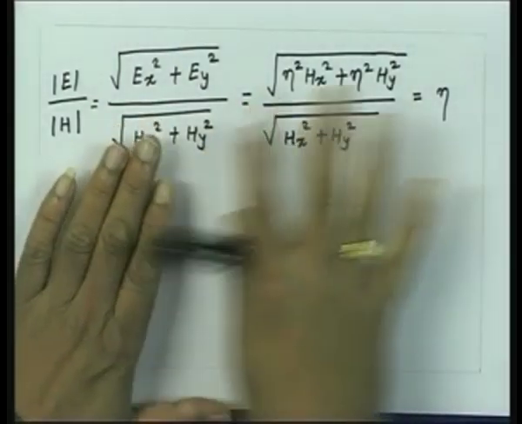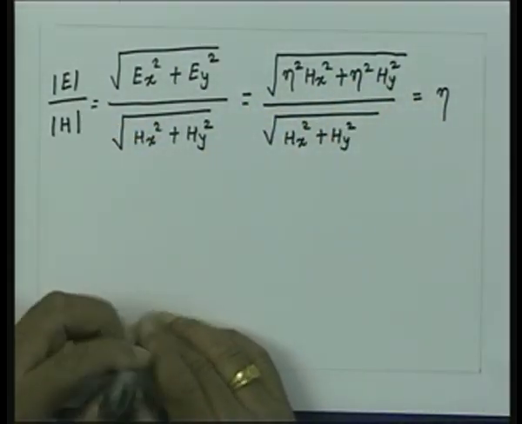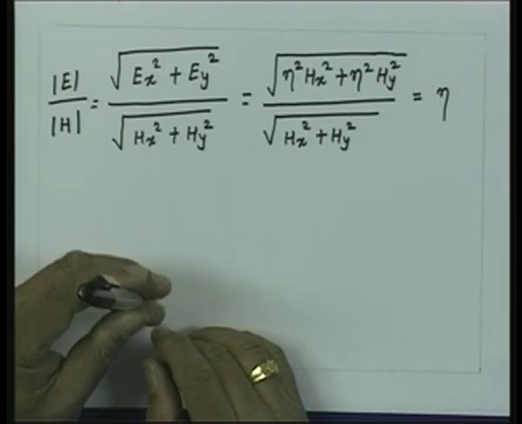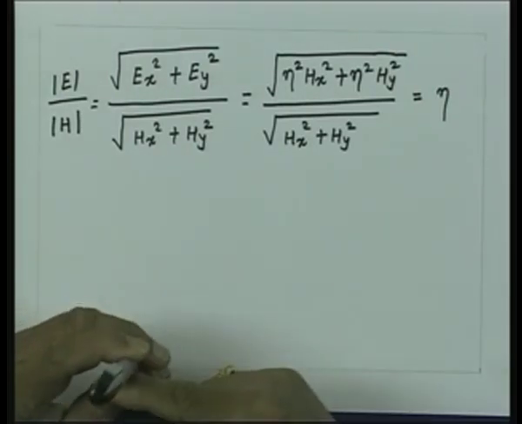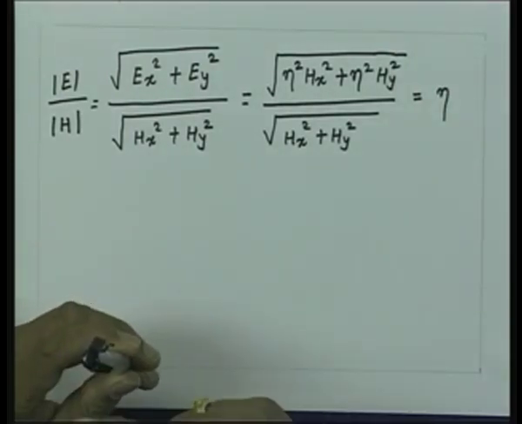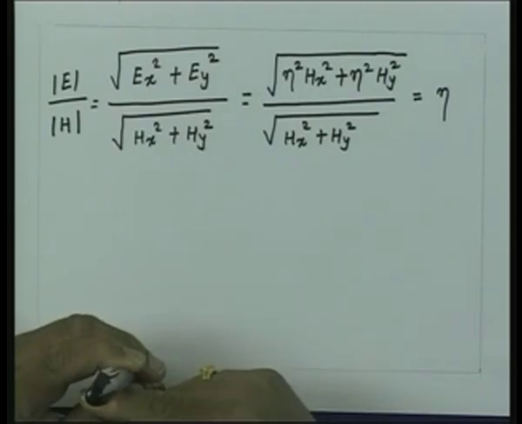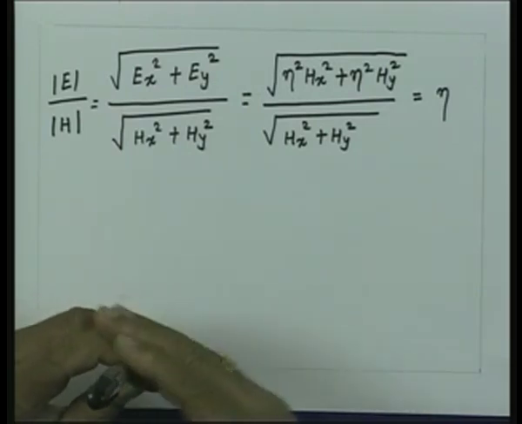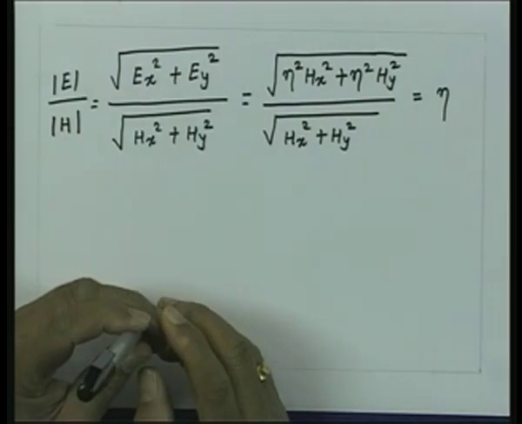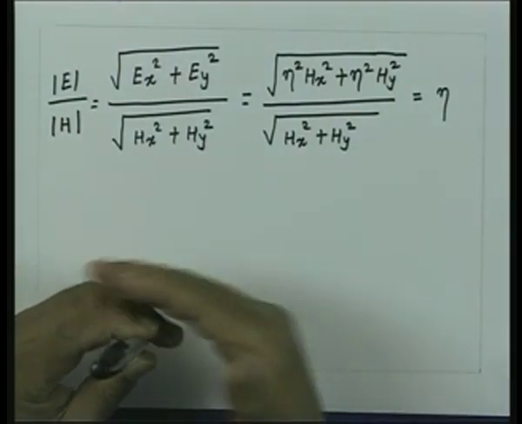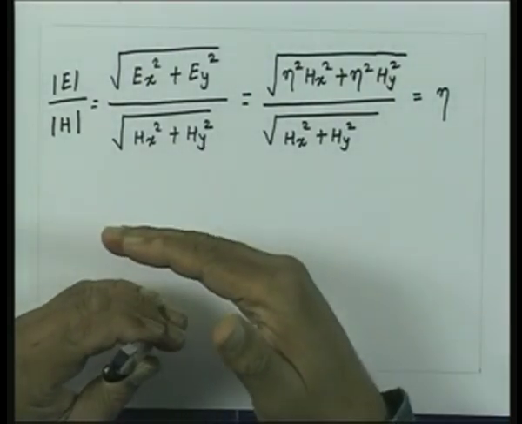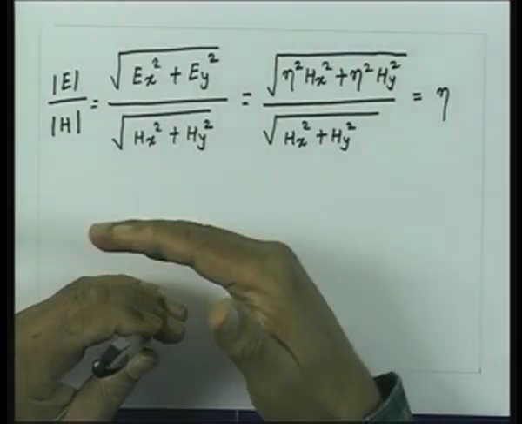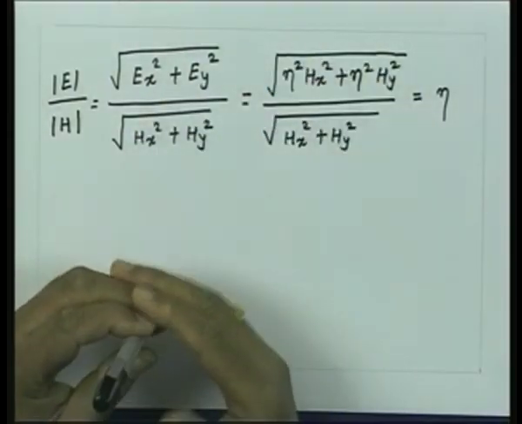So, this phenomenon which we discussed up till now is giving you the electric field and the magnetic field which are perpendicular to each other, and they are constant in a plane perpendicular to the wave propagation. This phenomenon then represents what is called a uniform plane wave.